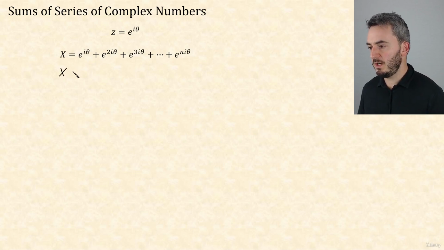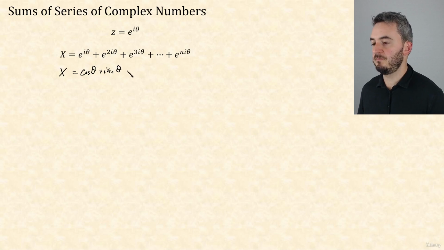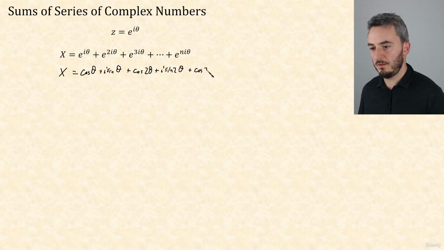We know by de Moivre's theorem that e to the i theta is cos theta plus i sine theta, and that e to the 2i theta is cos 2 theta plus i sine 2 theta, and so on. We've got cos 3 theta plus i sine 3 theta, and so on, all the way up to cos n theta plus i sine n theta.